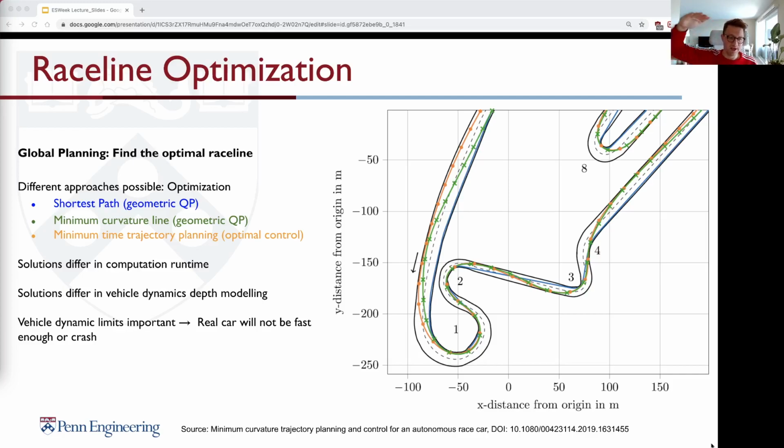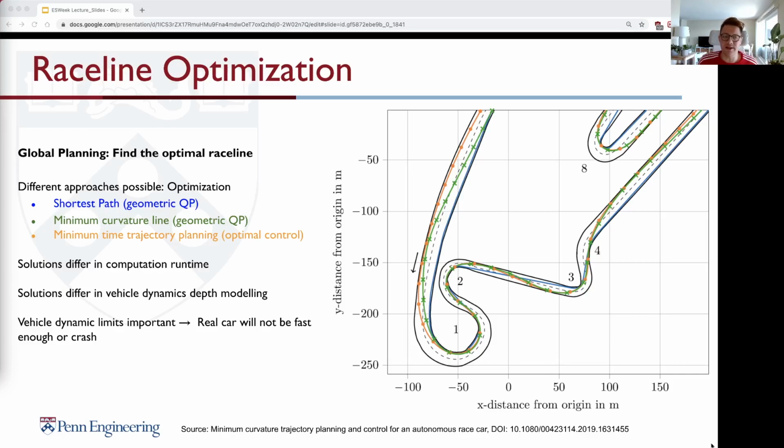You see here the solutions first of all differ in computation run times. The shortest path is the fastest, it just runs like 10 seconds. Minimum curvature runs like 30 seconds and minimum time trajectory planning runs like 5 to 10 minutes. In addition, the modeling depth for the vehicle dynamics for all of these optimization algorithms is increasing, which means you need more parameters, you need more accurate parameters, and you need better modeling.